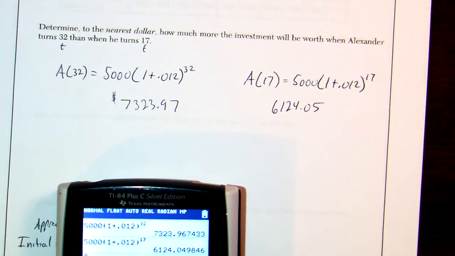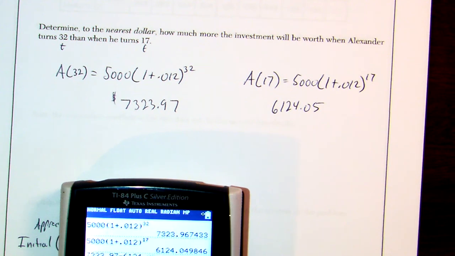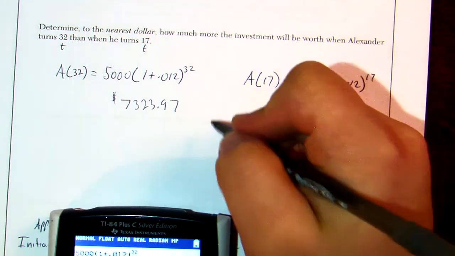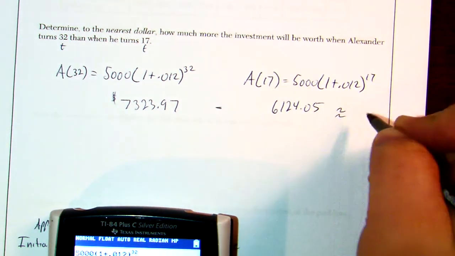So when you subtract those two, 7323.97 minus 6124.05, you get $1,199.92. When you round it to the nearest dollar, you're going to get approximately $1,200.